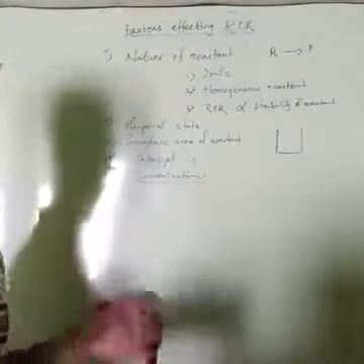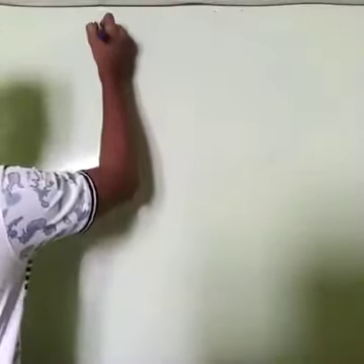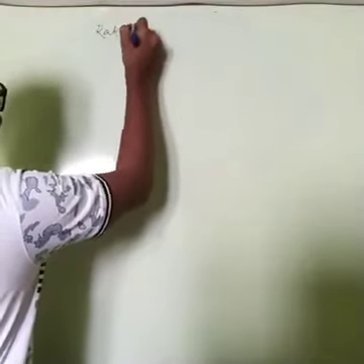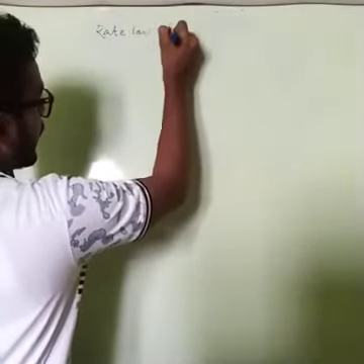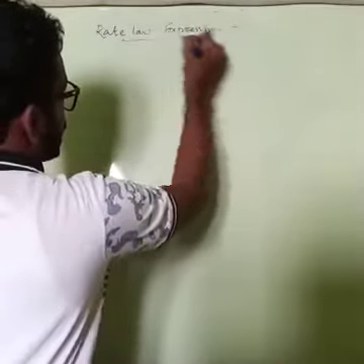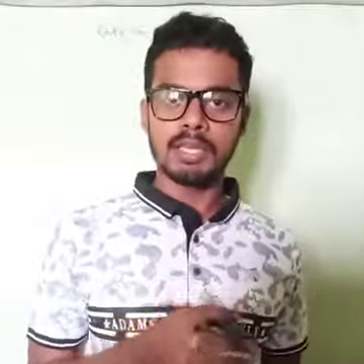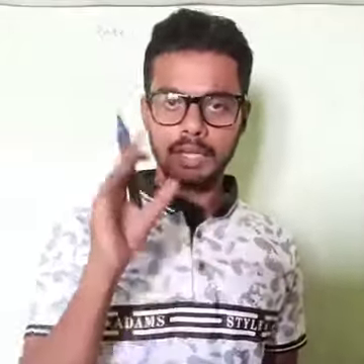Next we'll go to the rate law expression. There are several factors affecting the rate of reaction, so the rate law is designed to calculate the rate of any chemical reaction.